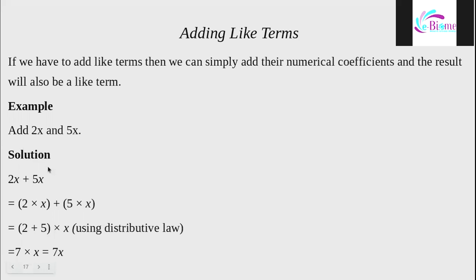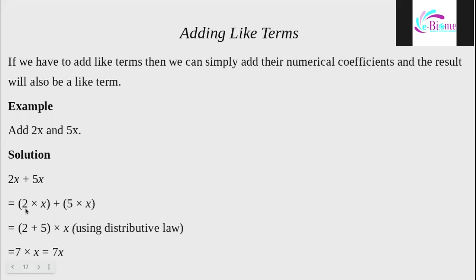Since we know that the result must also be a like term, that term must also have the variable x. Yes, very good. So we take the coefficients, add them together, then we times them by the variable x.